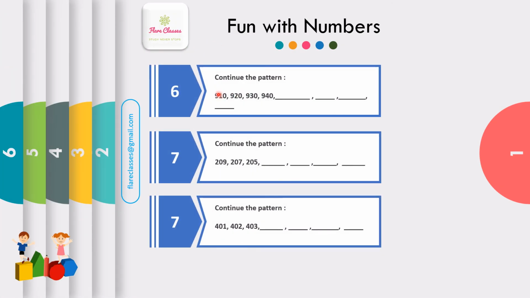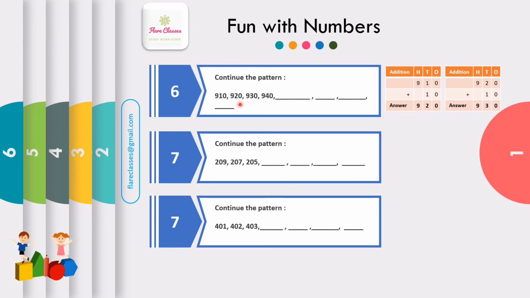Question number 6 is asking, continue the pattern. As I said earlier, a pattern is a series or sequence that repeats again and again. So we need to find out what is repeating here again and again. First number is 910.